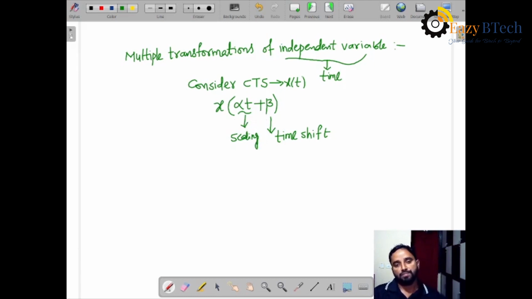So how to perform this? We have alpha t plus beta. First I will take x of t.